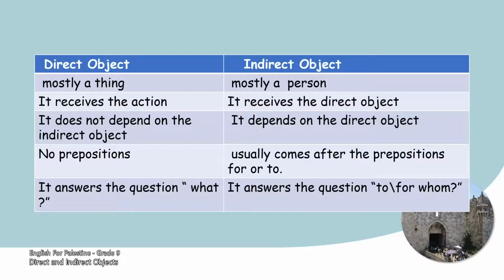The direct object receives the action, while the indirect object receives the direct object. The direct object does not depend on the indirect object, while the indirect object depends on the direct object.